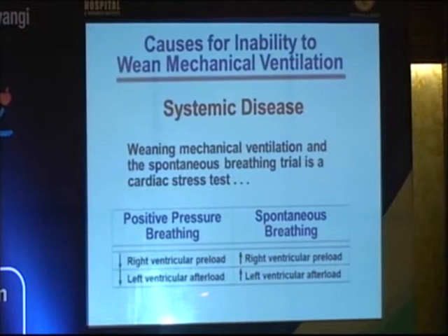When we apply mechanical ventilation, we reduce right ventricular preload and we reduce left ventricular afterload. At the time of endotracheal extubation, bang, we change everything back to the way it was with spontaneous breathing. So increased preload, increased afterload. If you have a sick heart, this is exactly what you don't want, and this may be an important reason why the patient will fail weaning.